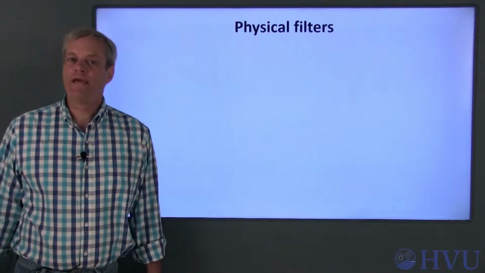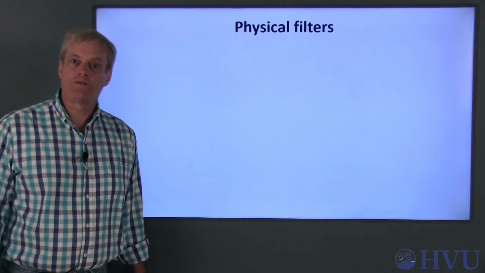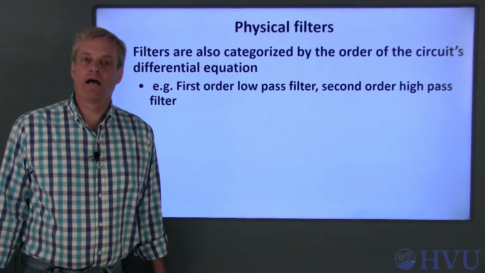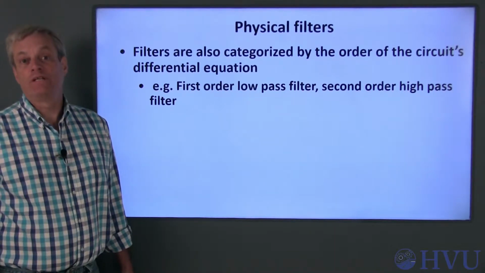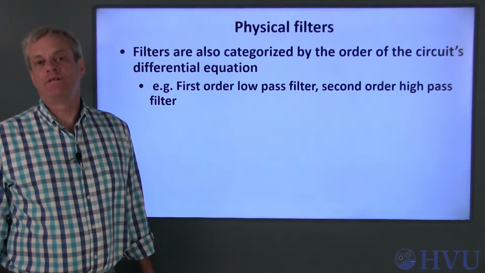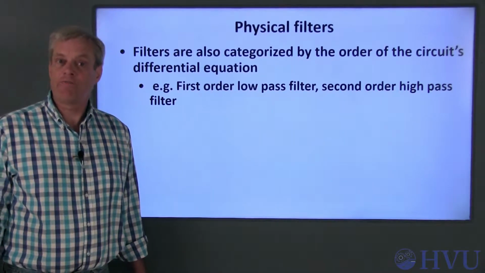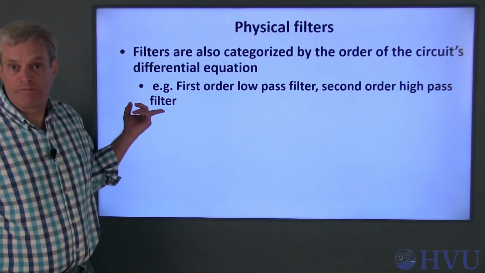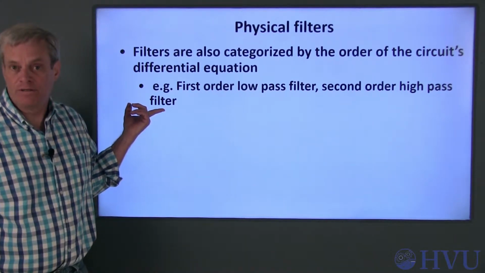Next, I'll mention a few basics relative to creating physical circuits that implement filtering processes. Filters are often described by the order of the differential equation relating the input and output signals. For example, a first-order filter is implemented by a circuit that's governed by a first-order differential equation, and a second-order filter has a second-order differential equation relating the input and output.